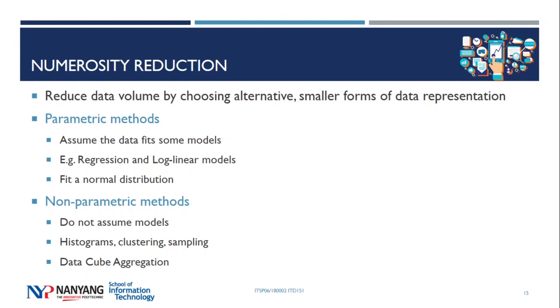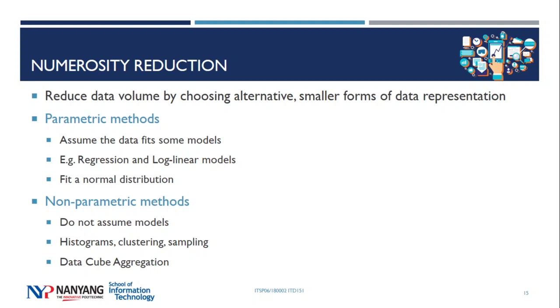One is a parametric method, the other is a non-parametric method. In parametric methods, this involves parameters and the data fits into the models. In non-parametric methods, no parameters are involved and there is no model to describe the data.